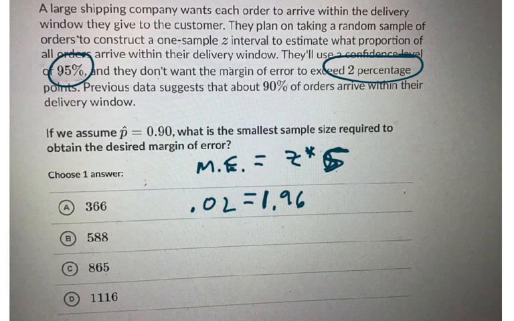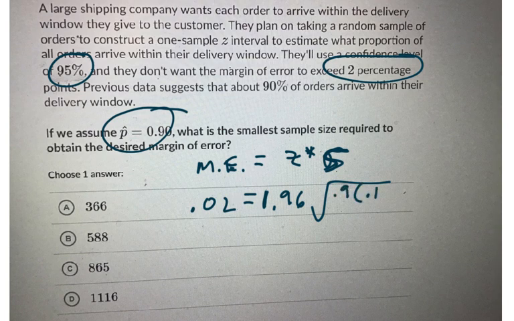We could see that again at the bottom of our t-table, right? And what is our standard deviation? Well, guys, they told us this time to assume that our p hat is 0.9 or 90%. So we're going to put in 0.9.